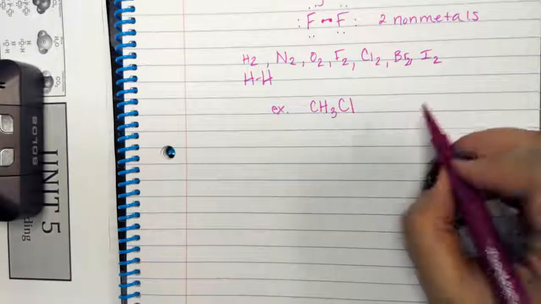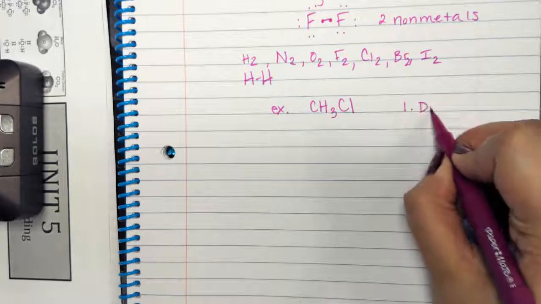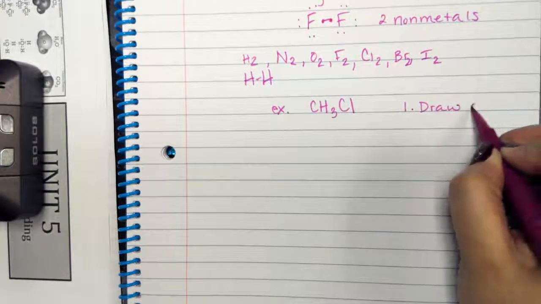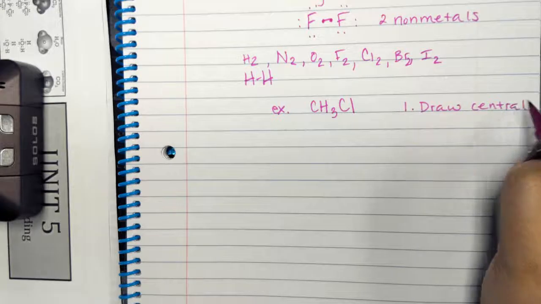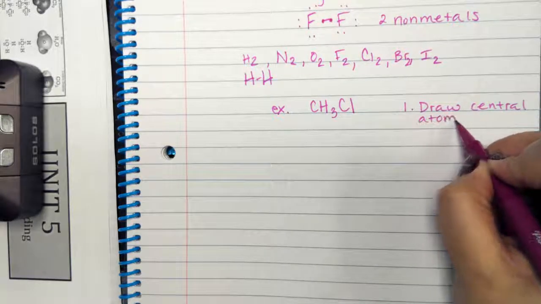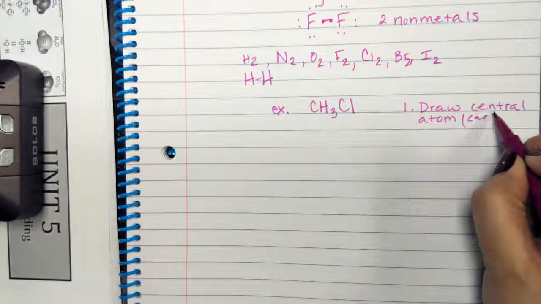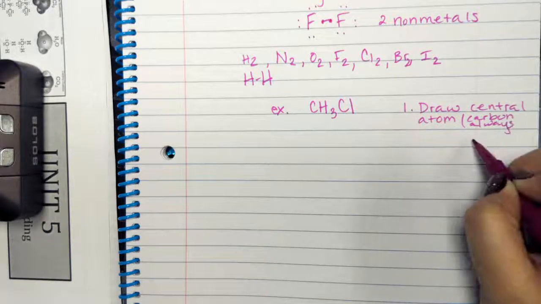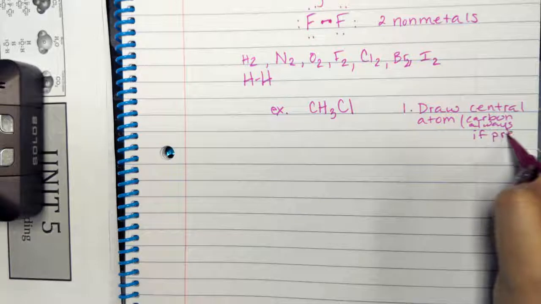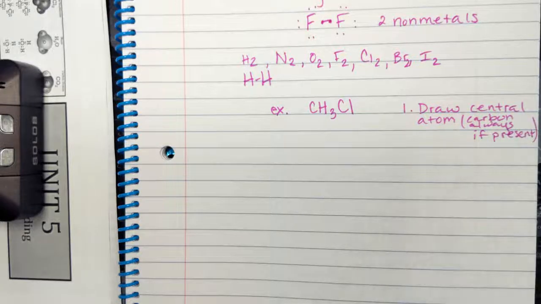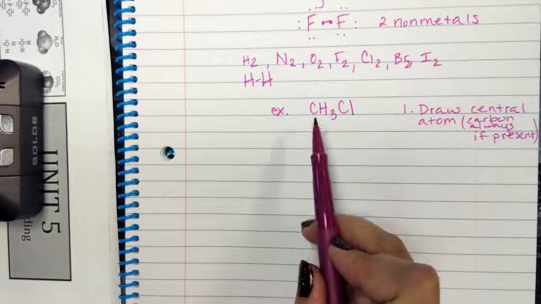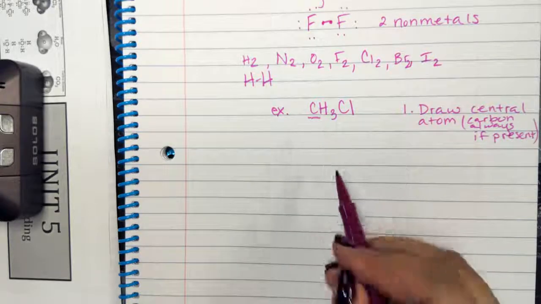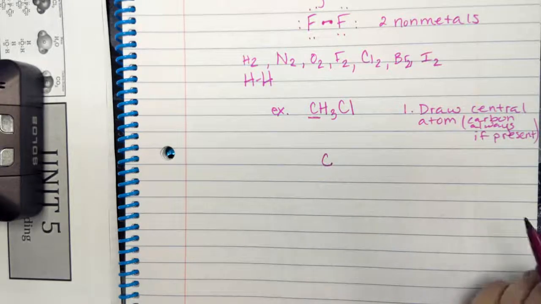Step 1, we are going to draw our central atom. Usually, if carbon is present, carbon will always be your central atom. We do have a carbon present here, so we're going to make this the center of our structure.